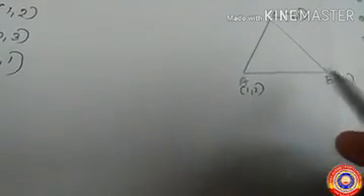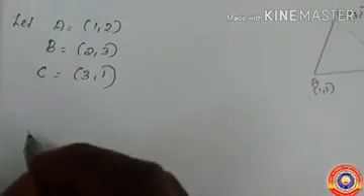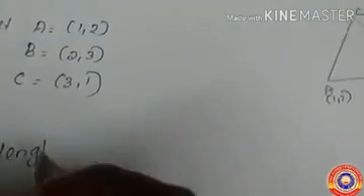So first we have to find the length of the sides. We have to find the length of AB. Here the coordinates of A and B are given.